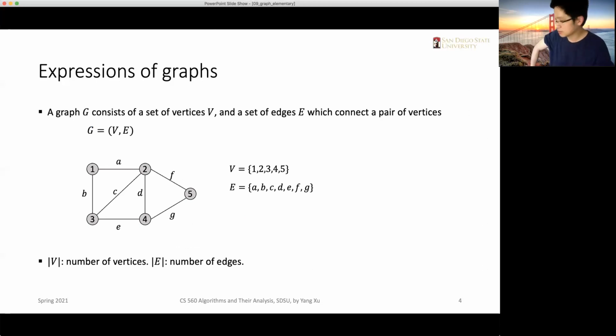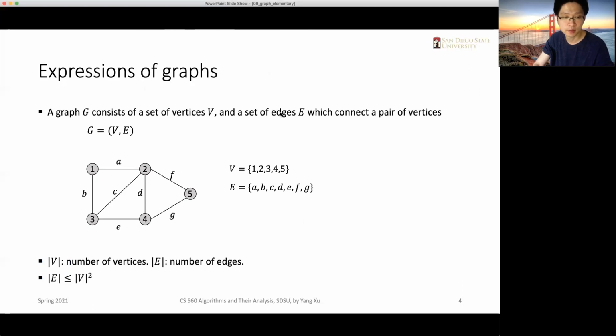So there are no duplicate elements in the sets. If we put two vertical bars around V, the size of the set V indicates the number of vertices, and the size of E is the number of edges.